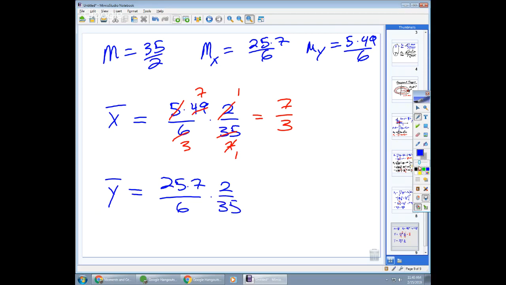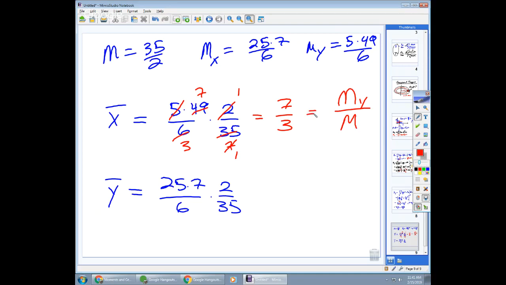I have a question. What's the formula for the x with that bar over it? X bar, that's the average x value. That is the moment about the y divided by the mass.